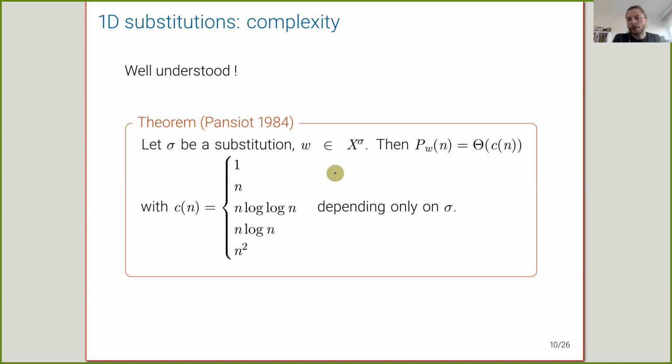So if you take any word of the shift associated with sigma, then the complexity is bounded in big omega in one of these functions. So either it's constant, or it's linear, or in n log log n, or in n log n, or in n square. And the function you choose depends only on the substitution. And if you look in the paper, you can really just, looking at the shape of the substitution, already know what will be the growth of the complexity function of the configuration.